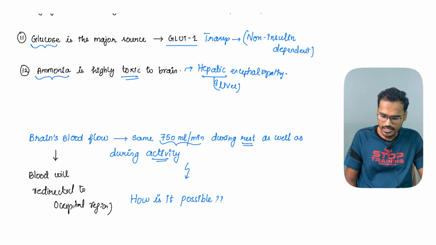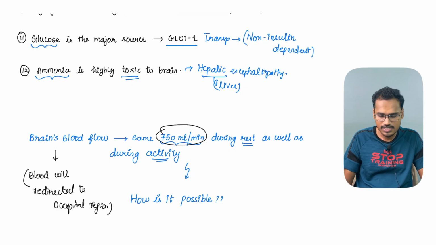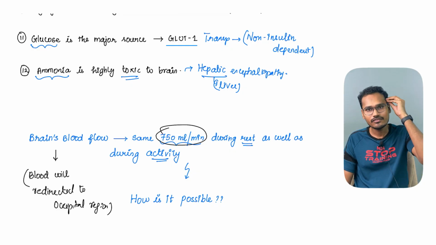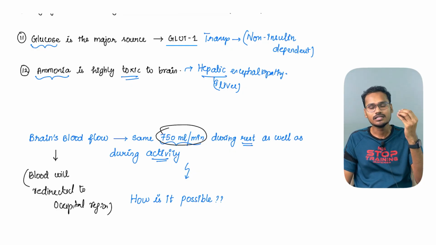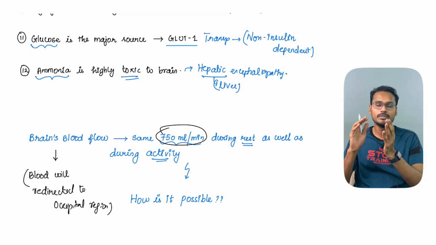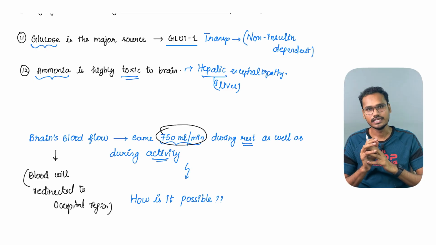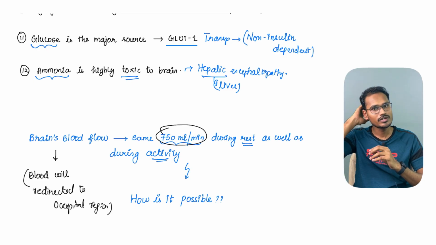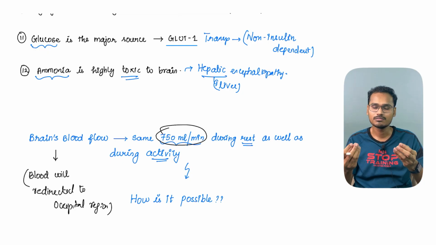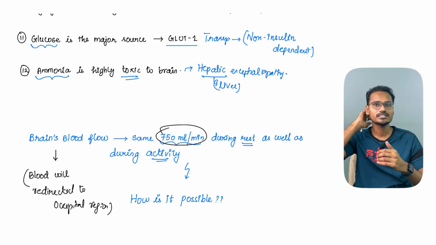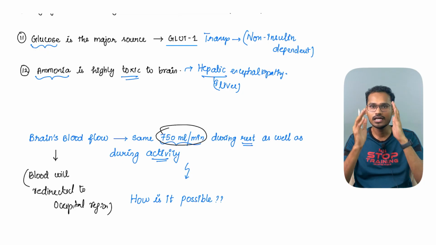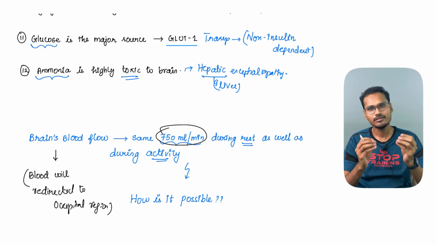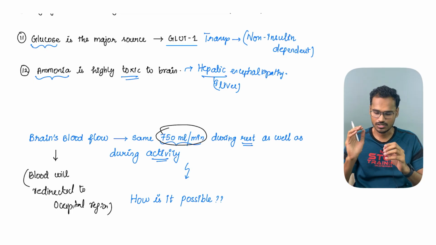Overall, the total is 750 only, but wherever the requirement is, the blood flow to that particular area will be diverted from the other areas. So if you are looking at an object, the occipital cortex is going to get more blood supply, and it will be diverted from the other regions to the occipital region.